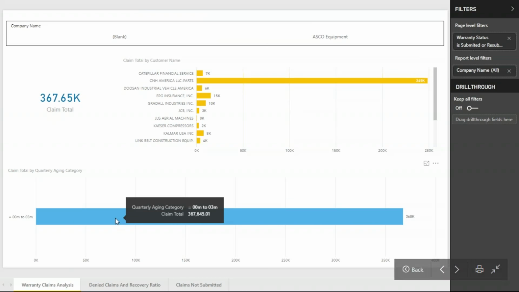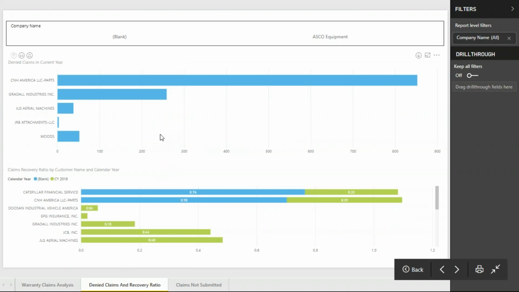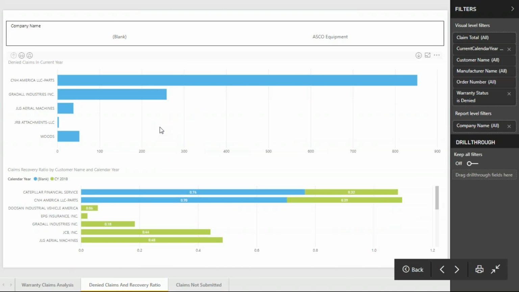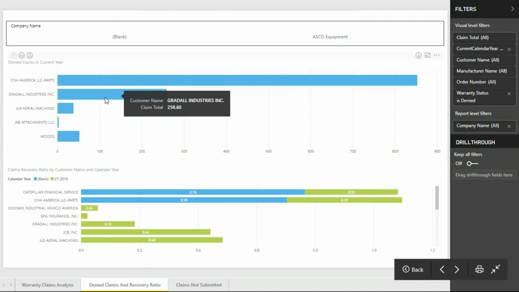This is the aging of the claim: since you submitted it, how much time has passed without receiving payment. And this is telling you, in the current year, which are the guys who are denying you the most money. So what is the dollar value of the claim that they denied you? It's not much so far.